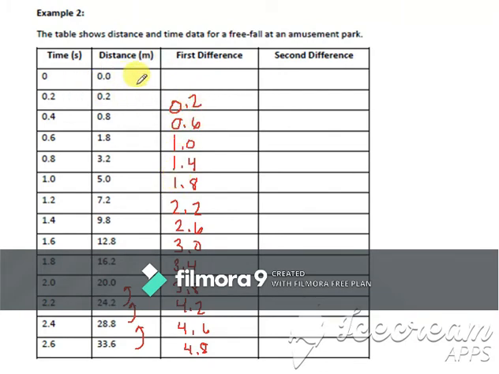Once you get up to 0.2, this is actually 0.2 minus 0.